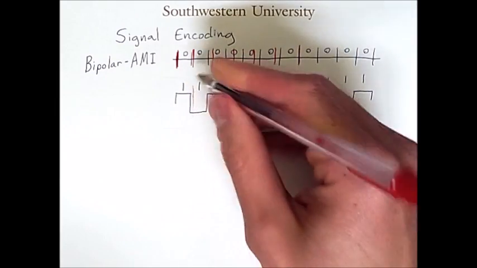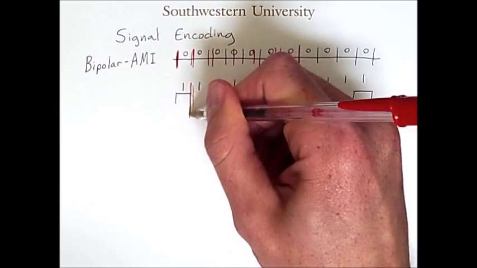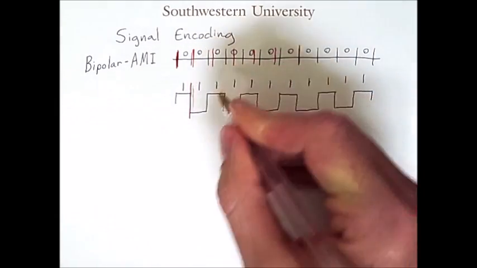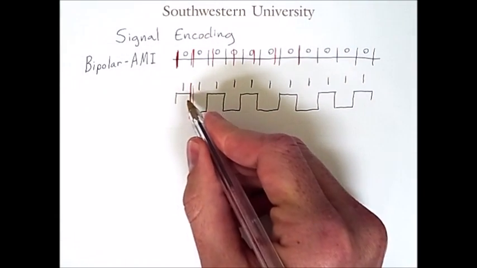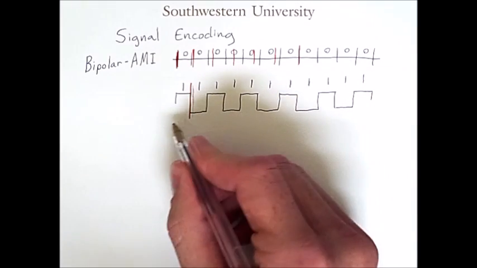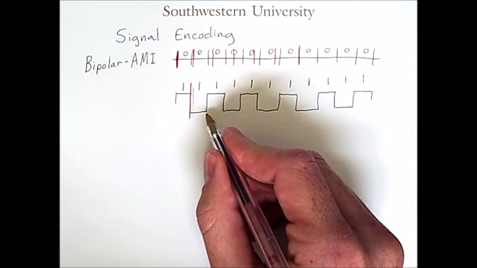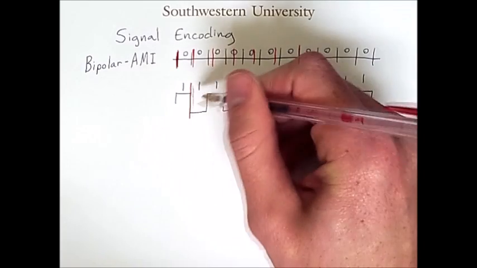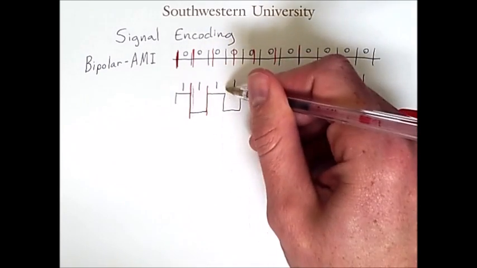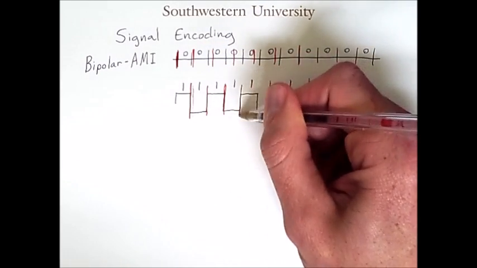So the receiver will actually reset its clock to have this as the end of one interval and the beginning of the next. So each time the signal goes up or down, the receiver actually resets its clock to stay in sync.